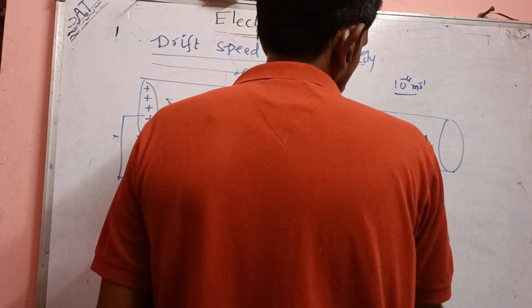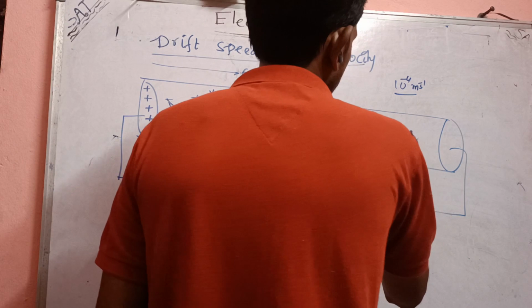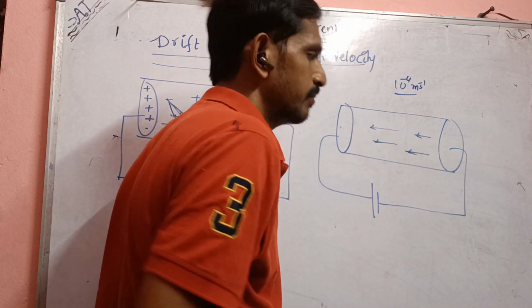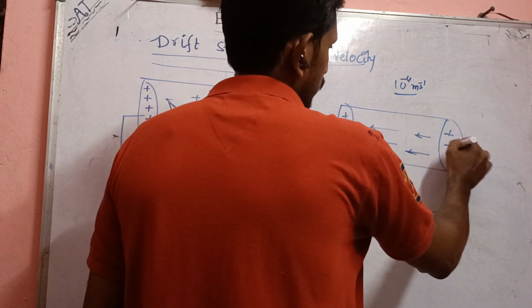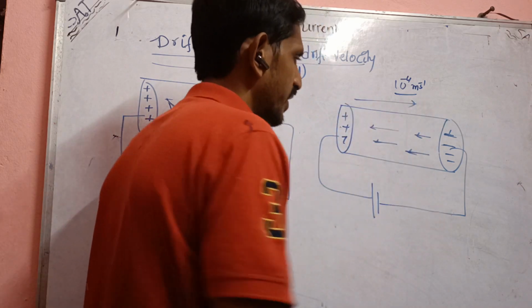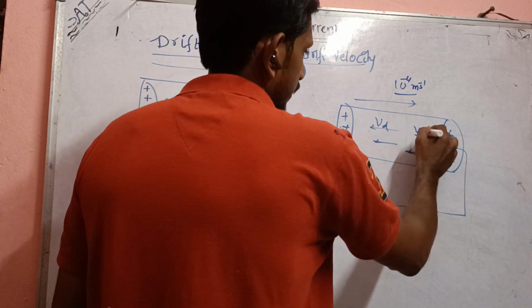Across the conductor I connect the battery. So these are electrons, which I can represent like this. All are moving in the specified direction. After connecting the battery, because of the electric field present across the conductor, the electric field is always in the direction of positive to negative. So every electron has its drift speed like this.